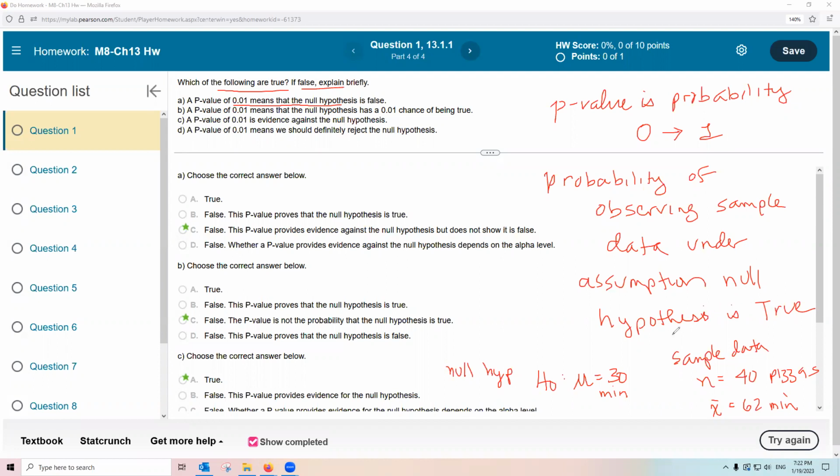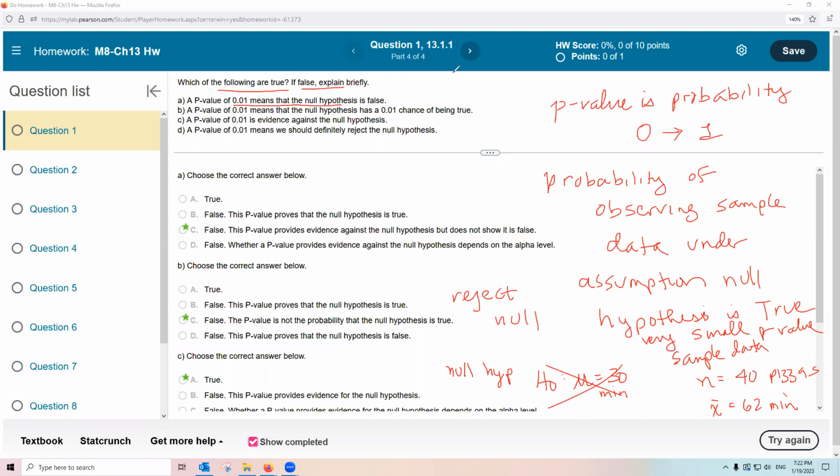So this would be a very small p-value. And if the p-value is very small, it gives us evidence to say the null hypothesis is likely not true. So we would reject the null hypothesis in this scenario, because the sample data is just giving us evidence that the null hypothesis doesn't seem to hold water here.